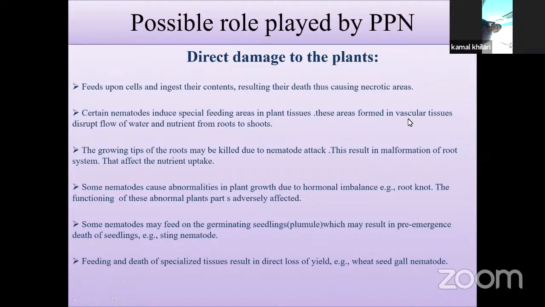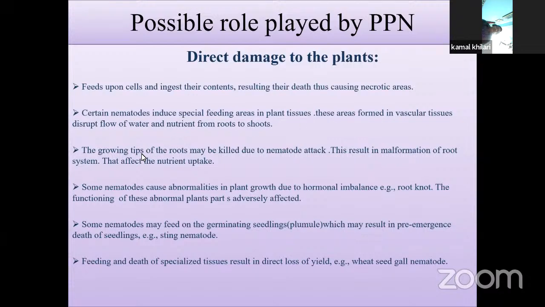For example, if they are feeding in the vascular tissues, they may produce some knot-like structures. So they may hamper the transportation of nutrients and water. If there is a blockage in the transportation system, naturally there is no proper water absorption and nutrient absorption, so ultimately the plant will become weak and the plant may die.